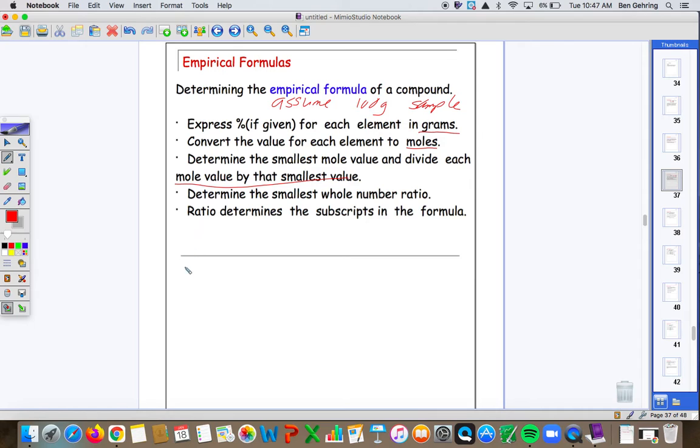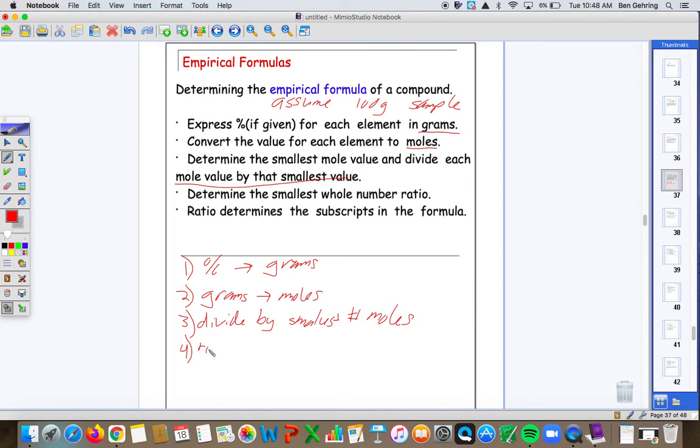So some real basic steps I like to think of. Step one, you go percent to grams. You just change percent into grams. Step two, we have to go from grams into moles. Step three is divide by the smallest number of moles. Step four, determine ratio.